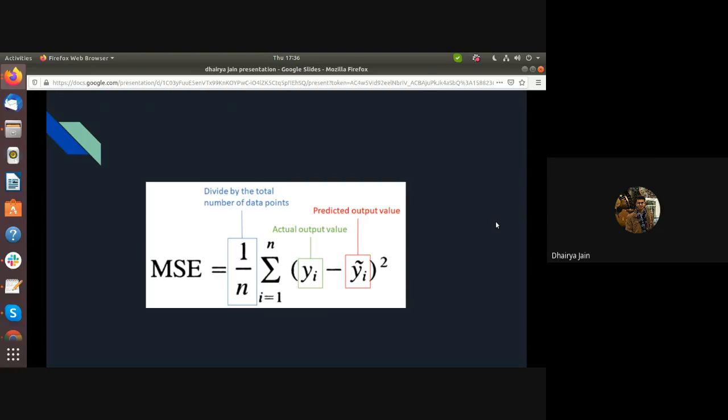Now, one key point to note is that when we calculate MSE, the values get squared.